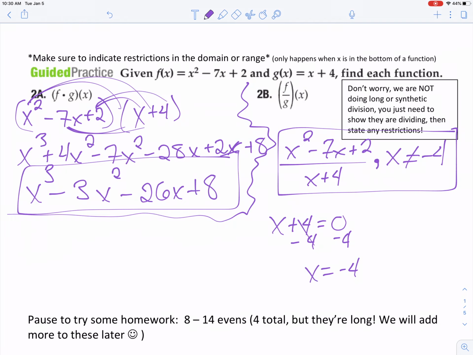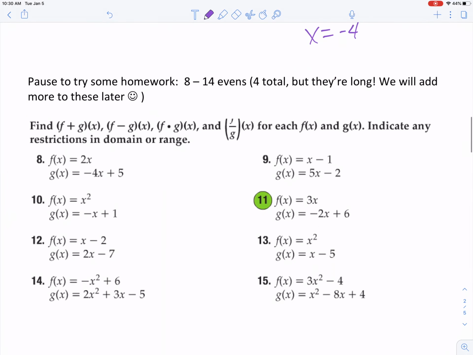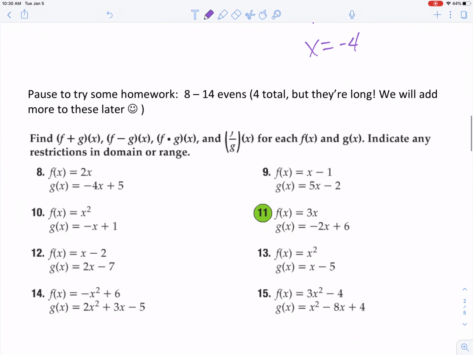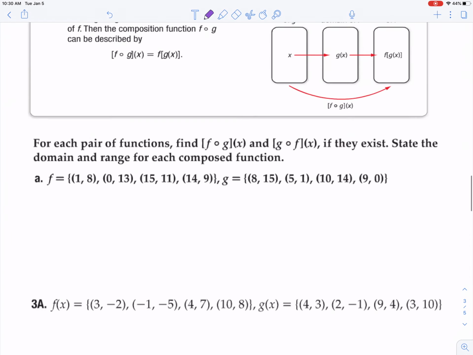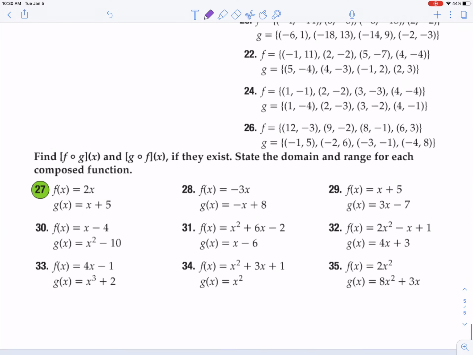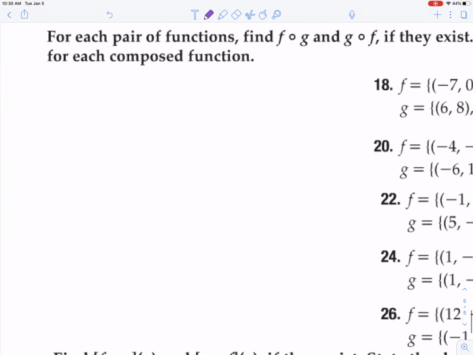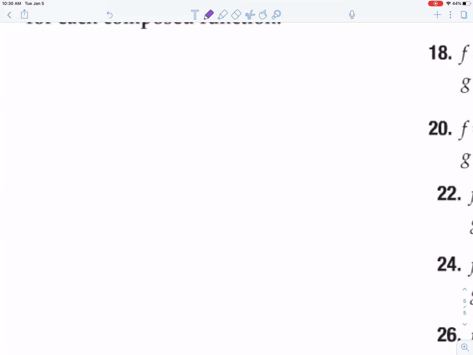I do want to do a random example to the side here. Here, we'll find some space somewhere else. All right. Let's pretend for just a minute that your f function is negative x squared plus 6.